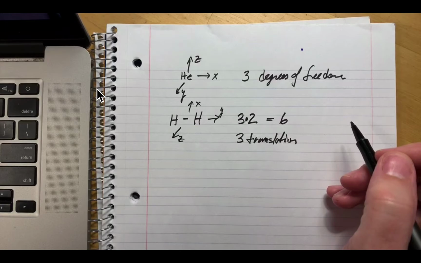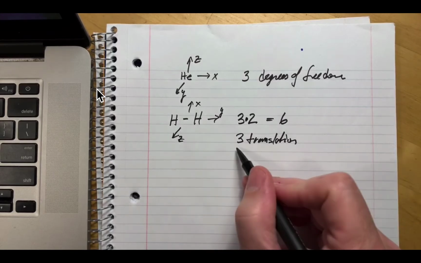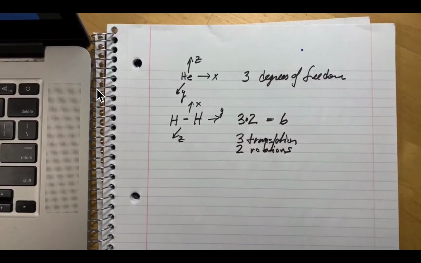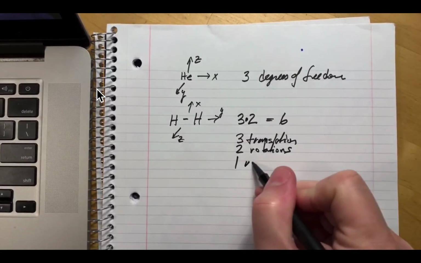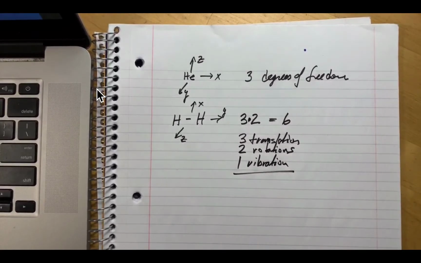So in this coordinate system that I have here, I could rotate about x or about z. So this one has 2 rotations and 1 vibration. So for the H2 molecule, I have 3 translations, 2 rotations, and 1 vibration for that molecule.